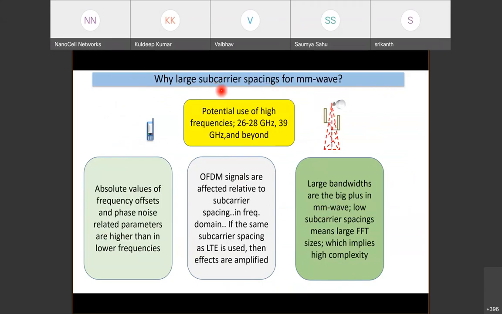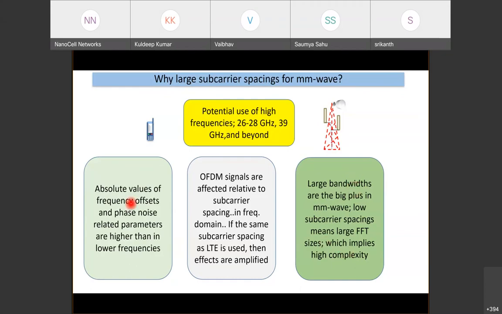With 15 kilohertz, we could manage the so-called FFT sizes for the OFDM transceivers. Now, if I'm going to 400 megahertz bandwidth, and if I insist on having 15 kilohertz as my subcarrier spacing, that will blow my FFT complexity, which has to sit in every handset, remember. So reasons like that, hardware complexity at the very base level.